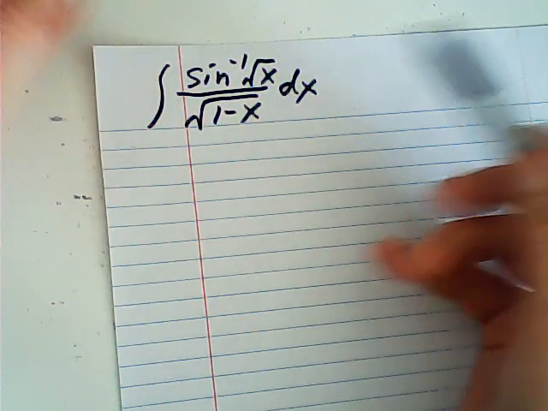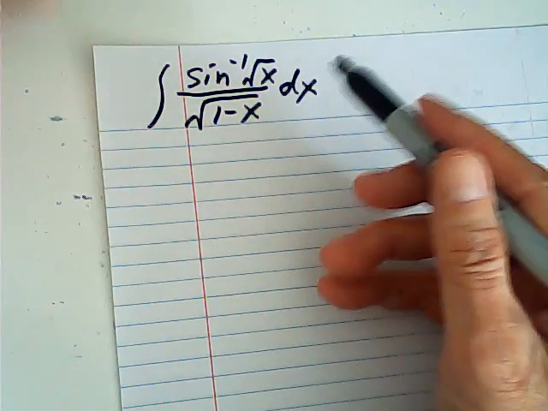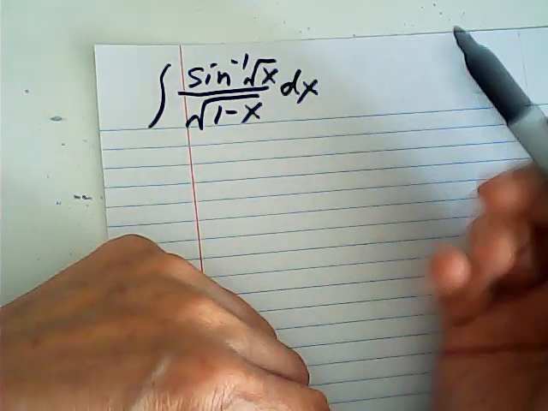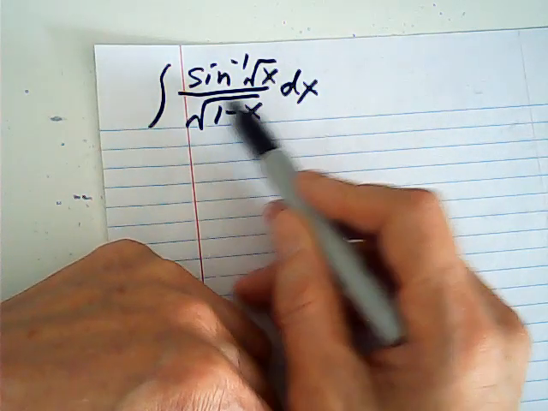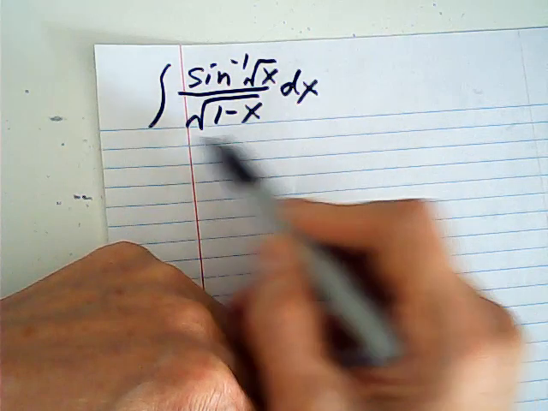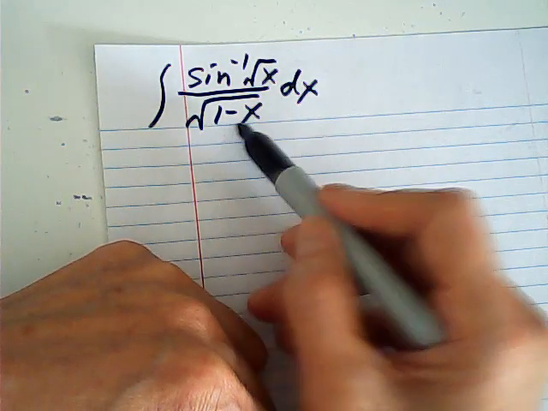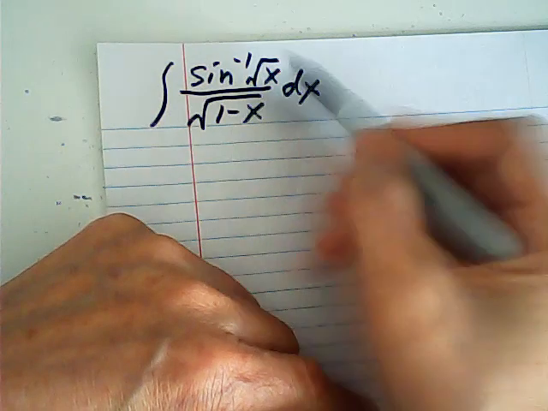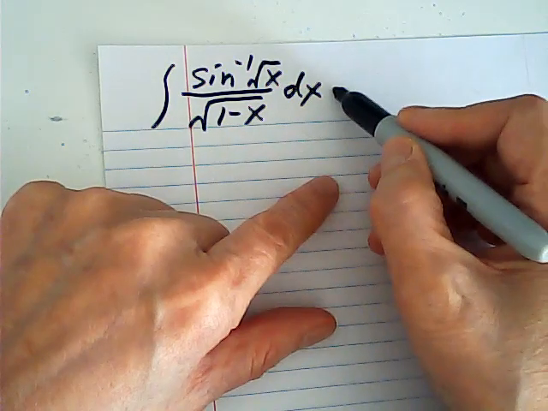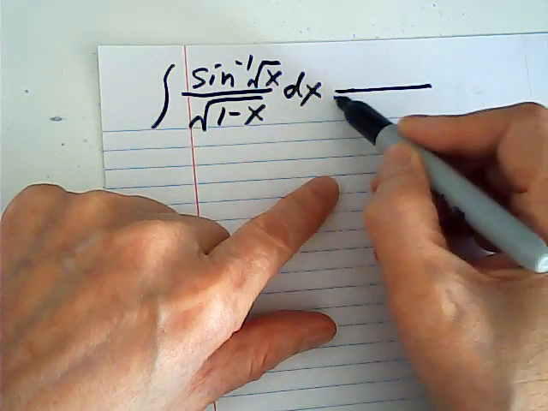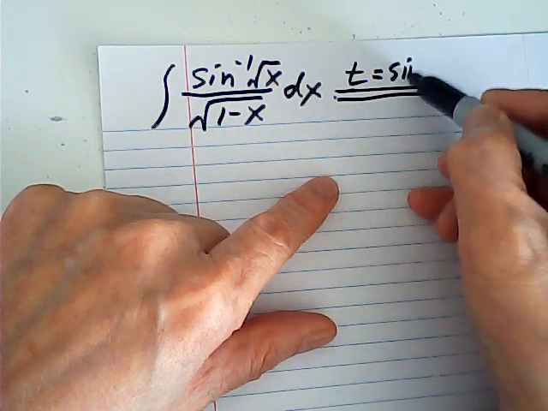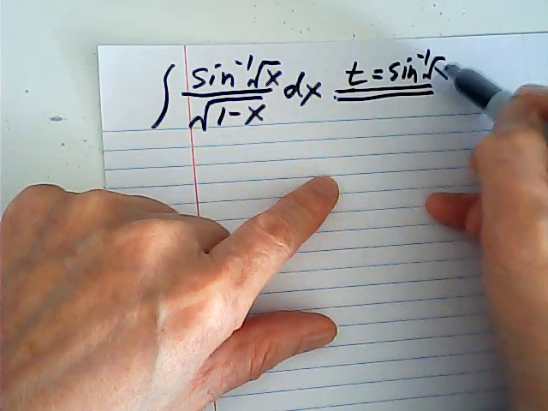Method 2, we don't show the substitution. Method 3, we substitute this square, right? So method 4 is let arcsine be t. Okay, let t be my arcsine of square root x.